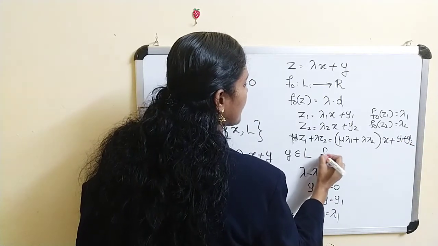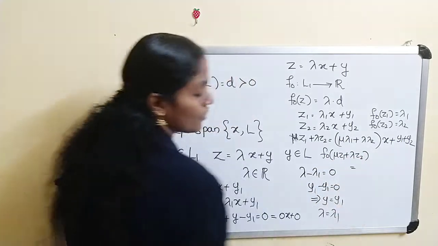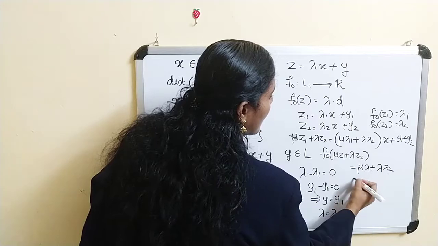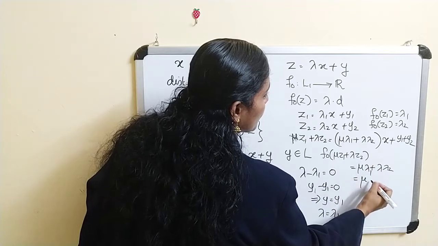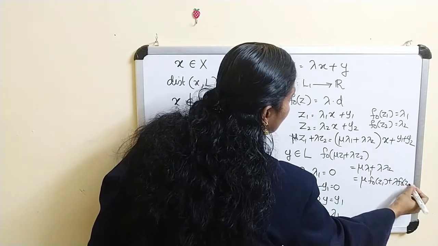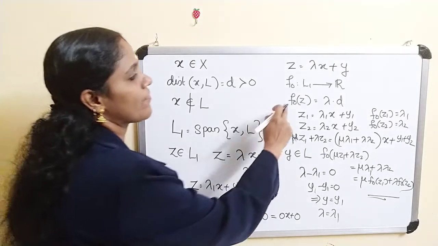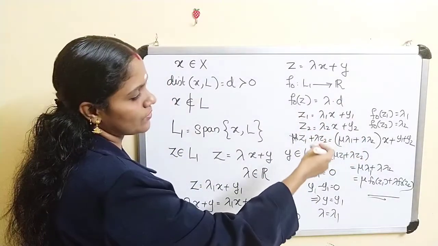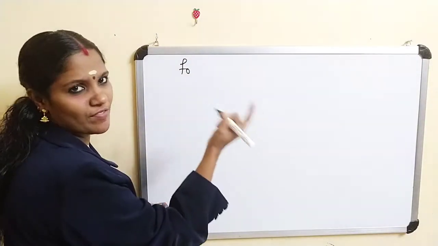Therefore f0 of mu z1 plus lambda z2 is equal to mu lambda 1 plus lambda 2, and this is equal to mu f0 of z1 plus lambda f0 of z2. This implies f0 is linear. Therefore f0 is a functional, also a linear functional. So we get f0 is a linear functional on L1.